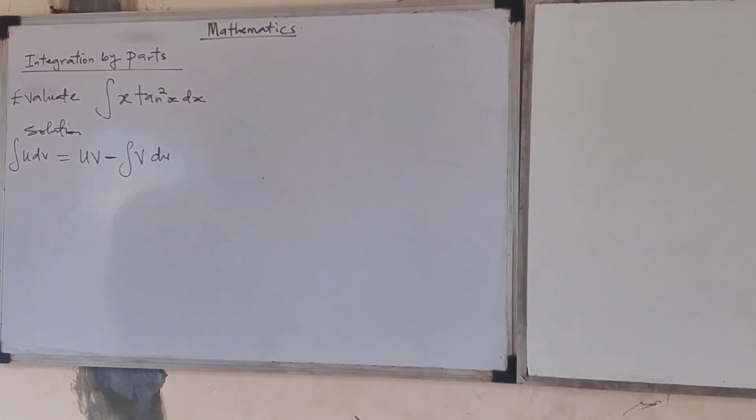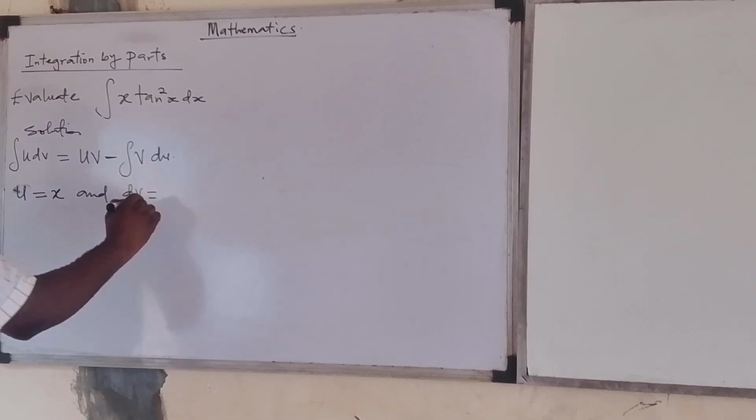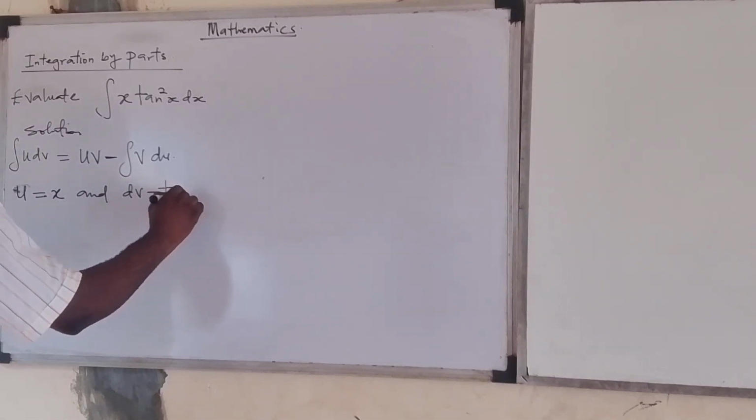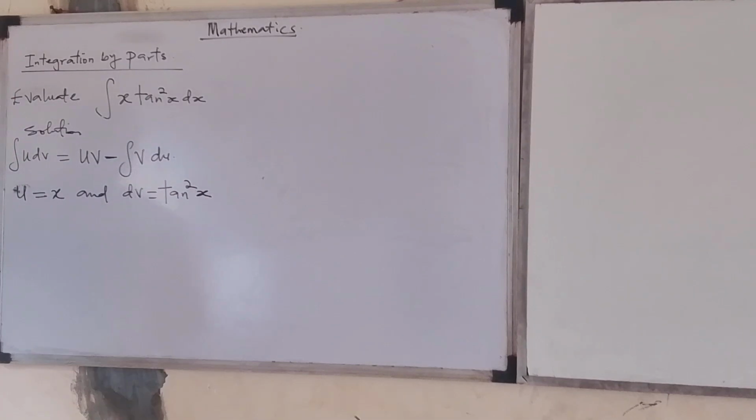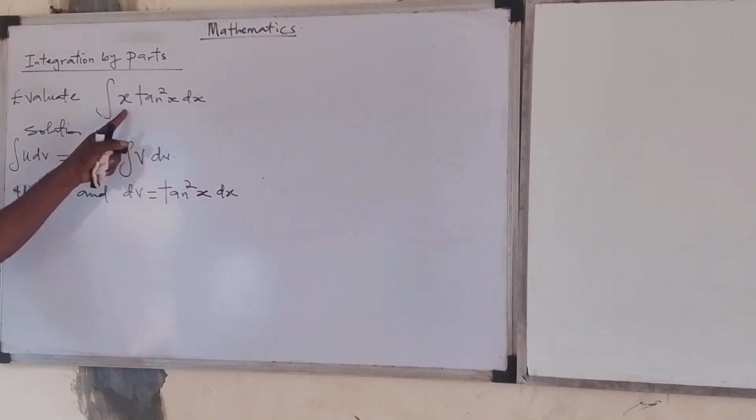Now, in this case, let u be equal to x and dv be equal to tan squared x dx.